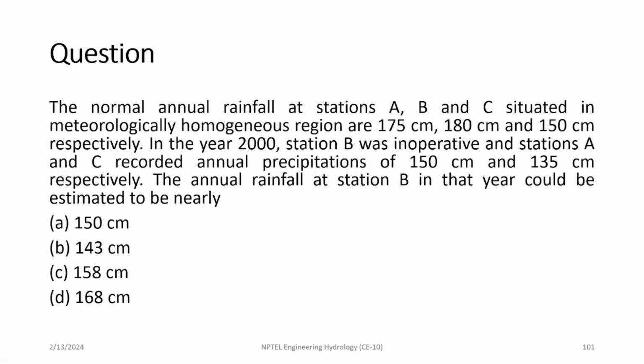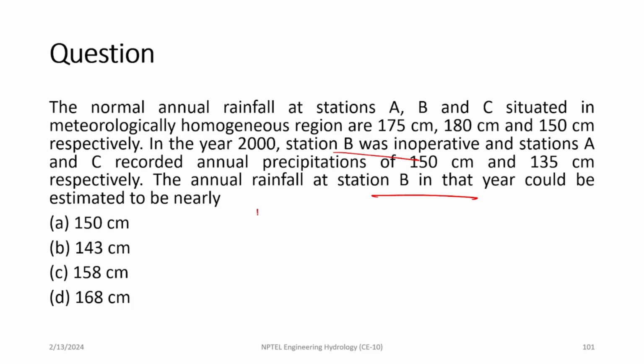We have the normal annual rainfall values provided for stations A, B and C. In this case they are saying that station B became inoperative, maybe due to some climatic error or some disturbances in the field, and they want us to compute the rainfall value at station B.